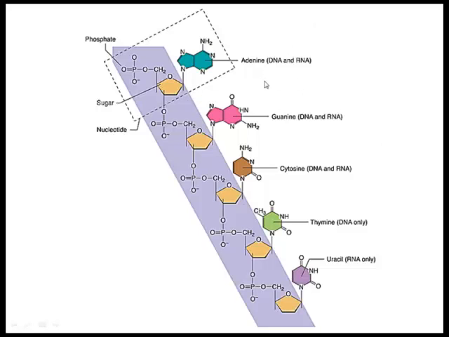Here, the structure of the bases: adenine can be found in both DNA and RNA. Guanine can be found in DNA and RNA. Cytosine in DNA and RNA. But thymine is present only in DNA and uracil is present only in RNA.